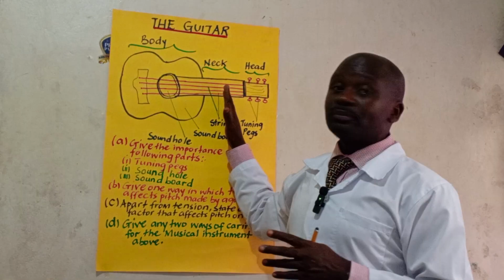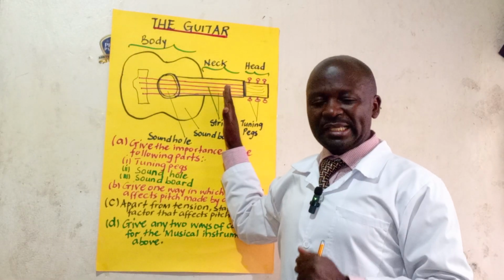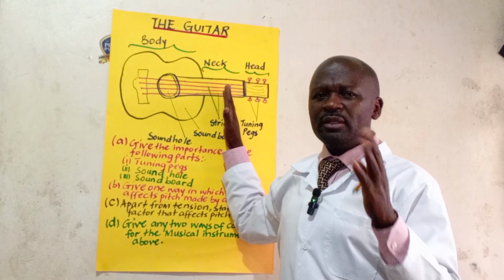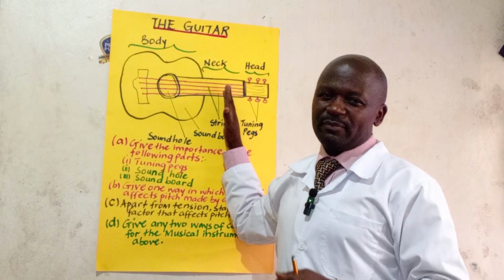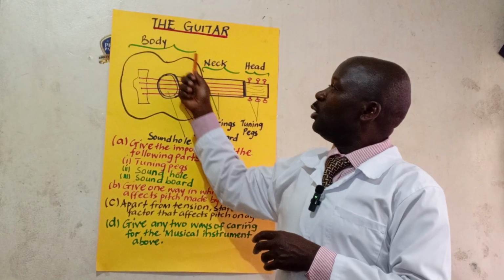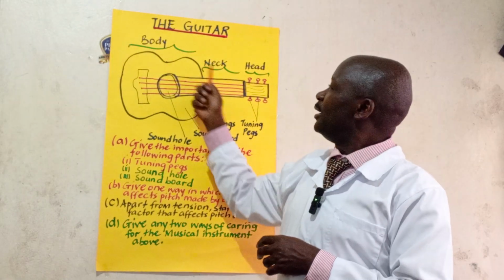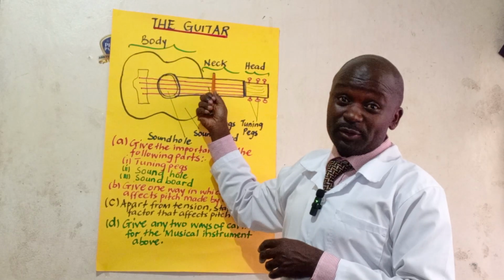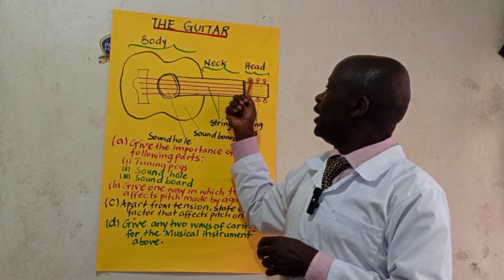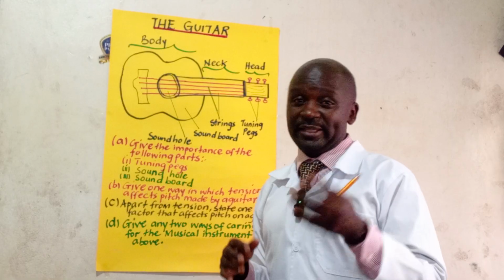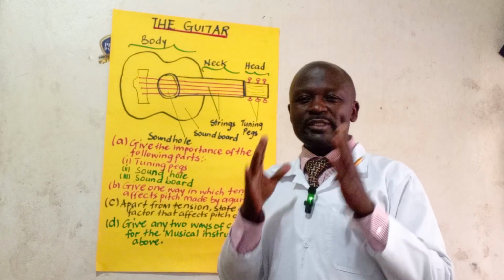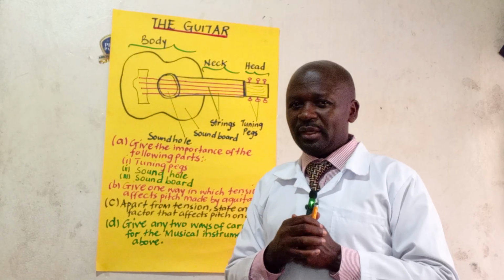So for example, you can't teach a guitar when you don't teach the learners the parts of a guitar. For example, the whole of this is the body, then this is the neck, as you can see on the chart. Then where we have the tuning pegs, that is its head. So those are the parts of a guitar.